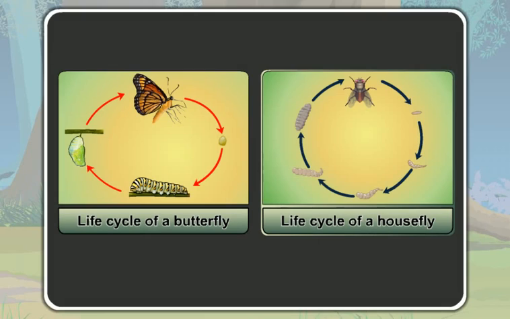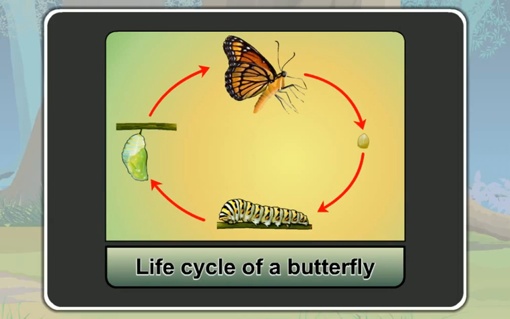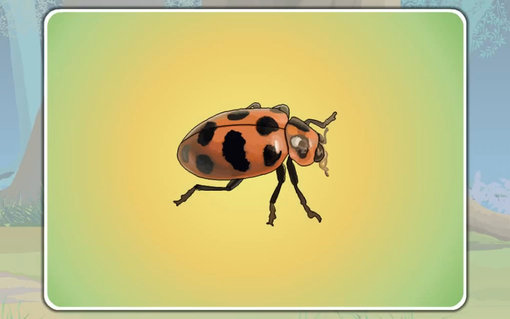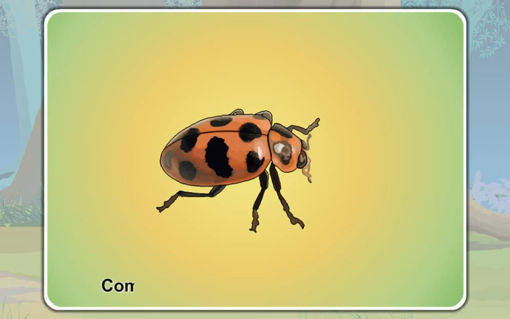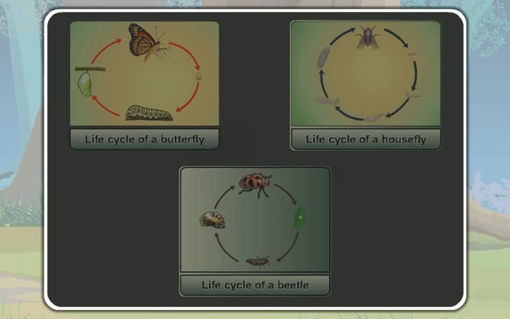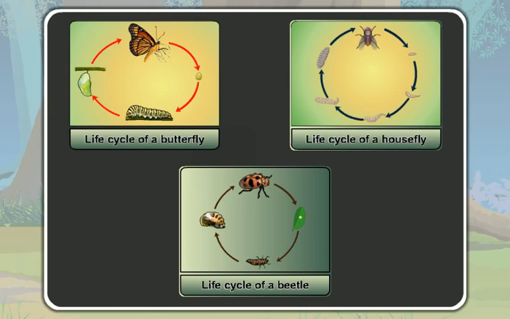The life cycle of a butterfly is longer than that of a housefly. It is completed in about a month. This is a beetle. The life cycle of the beetle is even longer. It completes its life cycle in 4 years. So, different insects have life cycles of different lengths. Their life cycles vary from a few days to many years.